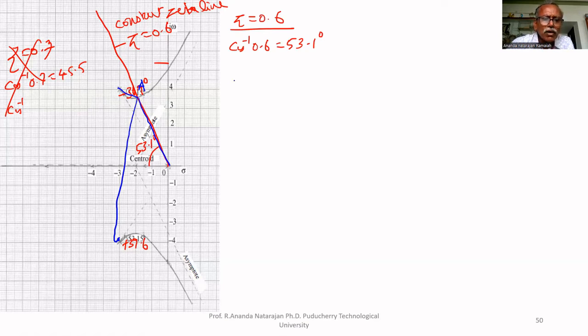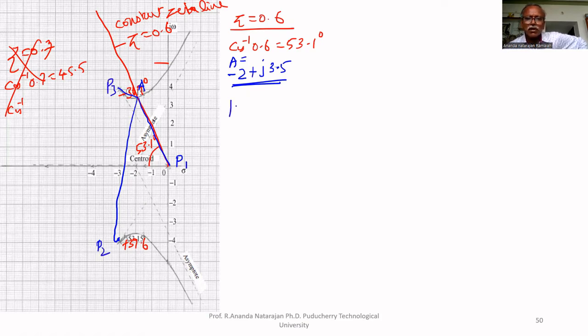The point is minus 2 plus j3.5. That is A. Now we have to find the distances. This is P1, this is P2, this is P3.